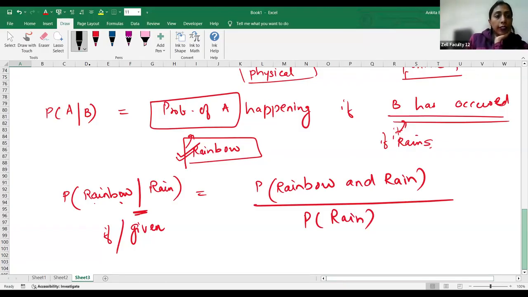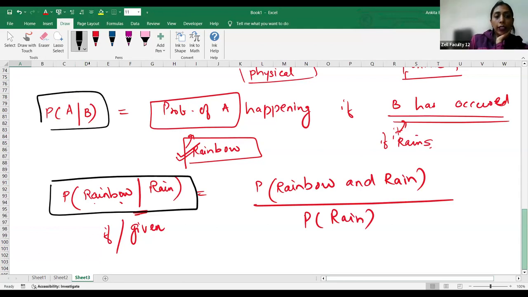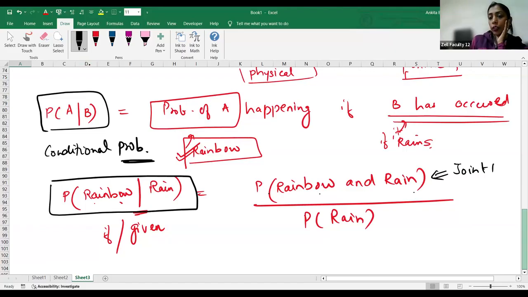This probability where you write probability of rainbow given rain, or probability of A given B, is known as conditional probability. And this probability here, probability of A and B, is known as joint probability.